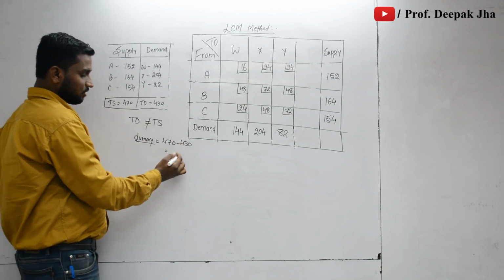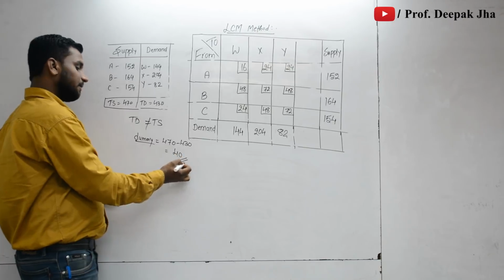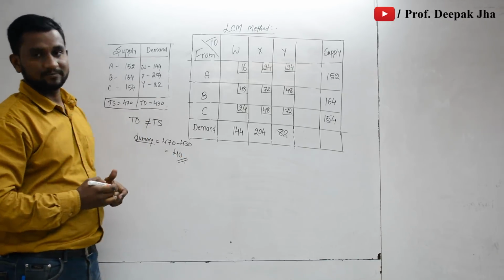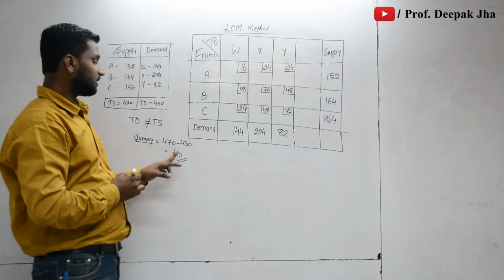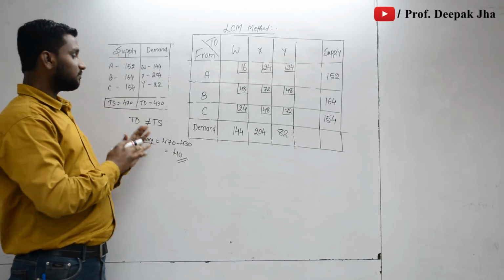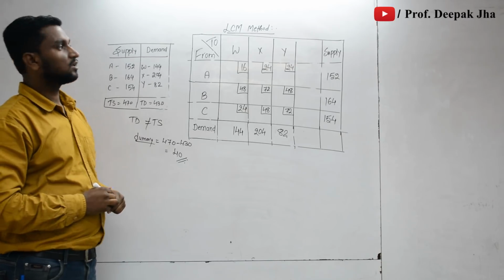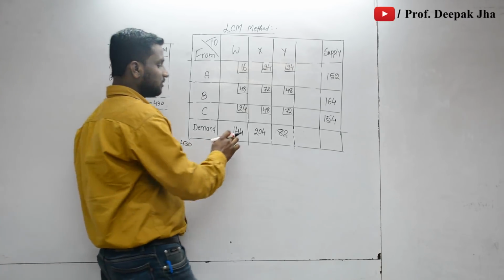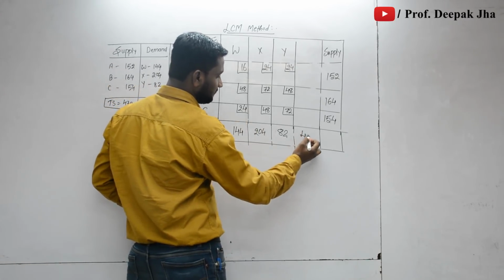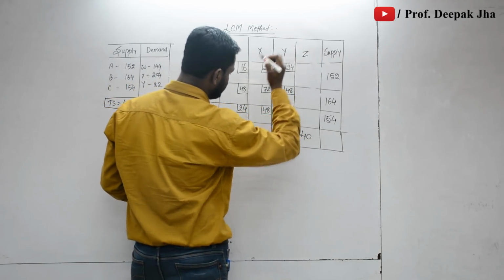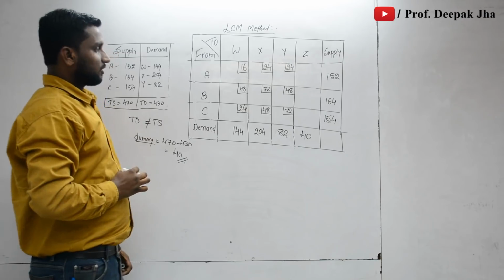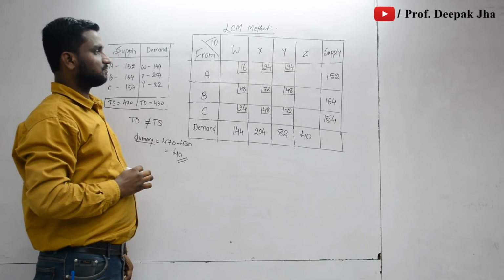To the extent of 40, we have to create a dummy demand so that the problem will be balanced. So let us introduce a demand of 40 and add one more column, Z. Now the problem is balanced.